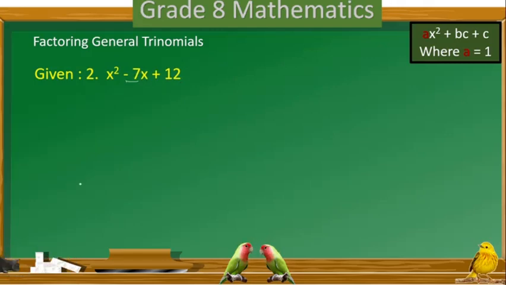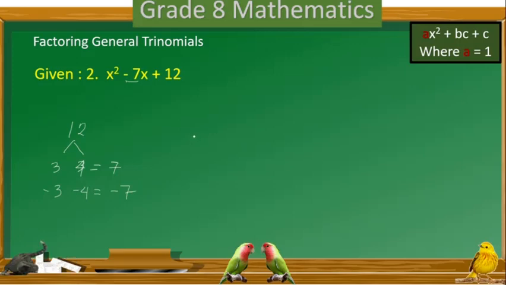Same as before, the last term is 12, so we will look for the factors that will give negative 7. In our previous example, the factors that give positive 7 are 3 and 4. But it's negative, so all you have to do is change 3 to negative and change 4 to negative. So the sum is negative 7.